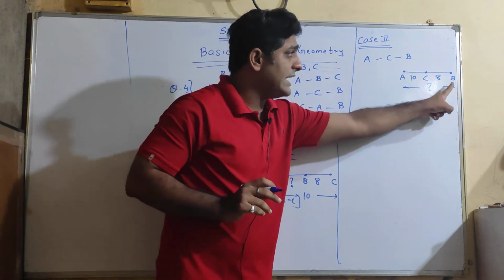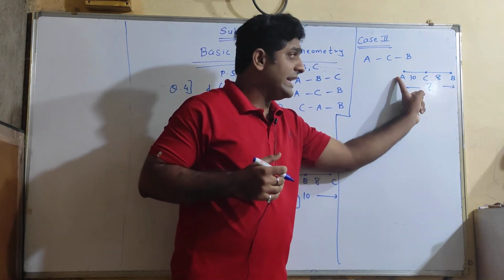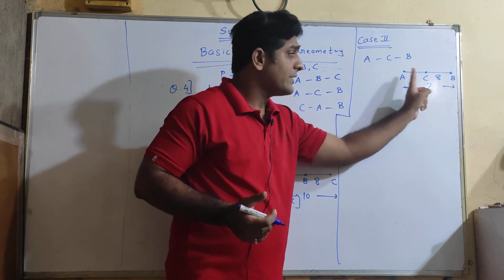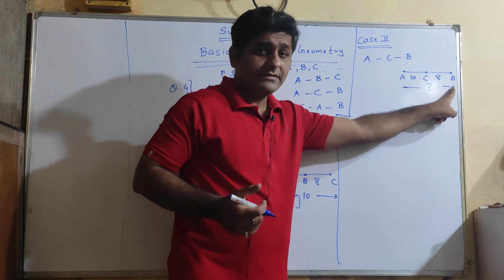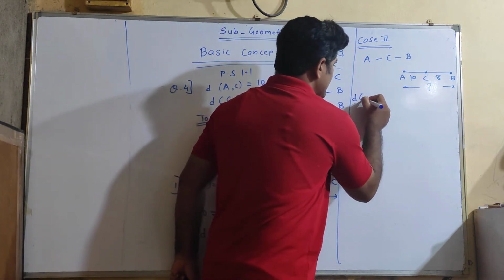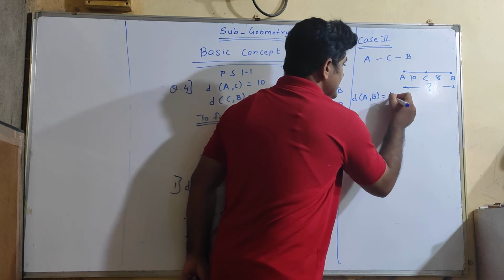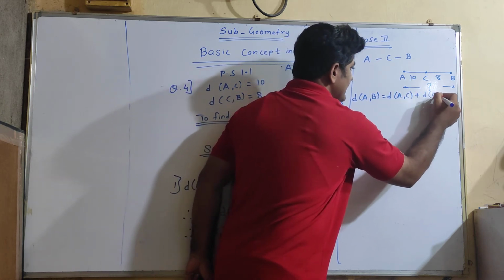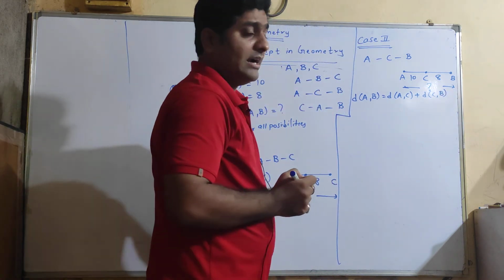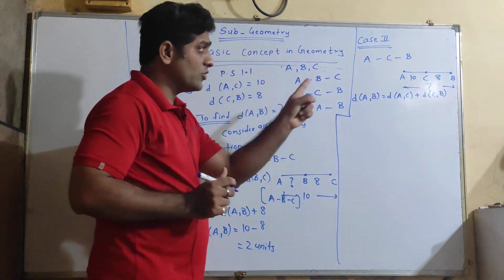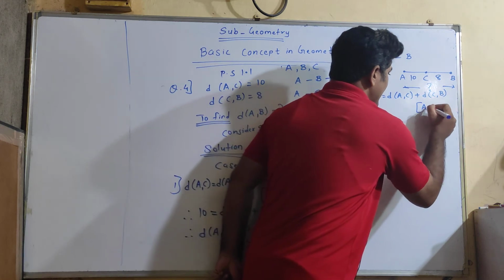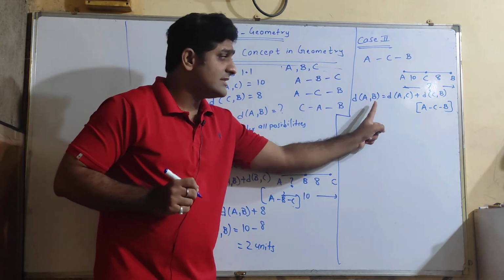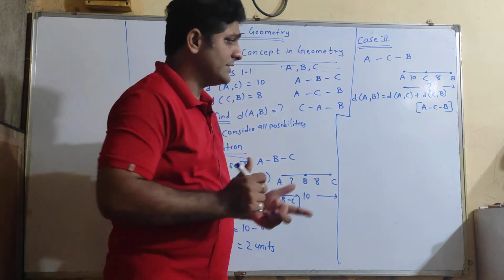Here, according to the figure, AB is greater, and AB is made up of 2 parts, that is AC and CB. So let's write down distance AB is equal to distance AC plus distance CB. Again students, in bracket we need to write down the reason A-C-B, that is a greater distance is equal to the sum of the two smaller distances.